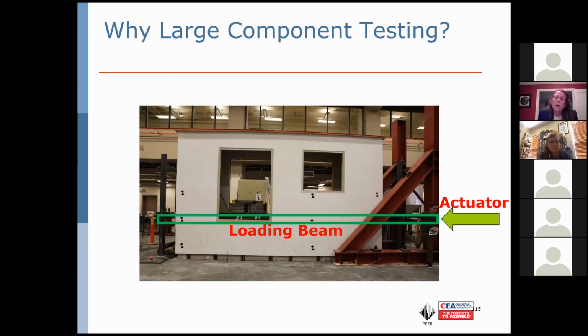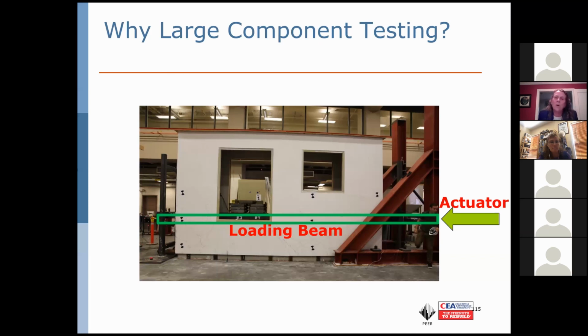And so we wanted to go to large component testing that would, as much as possible within a component test, have boundary conditions representative of the final structure. And so you see a photo here of the test that we built, actually two of these, one with retrofit and one without, in order to test cripple walls in this not quite full building, but almost full building kind of configuration.